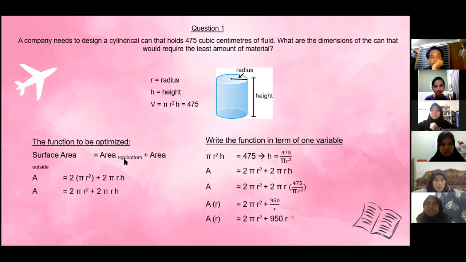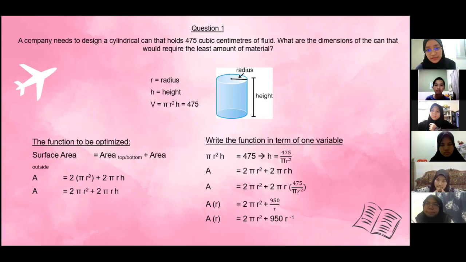Next, we have to write the function in terms of only one variable. From the equation pi r squared h equals 475, we make h the subject. So we will get h equals 475 divided by pi r squared.